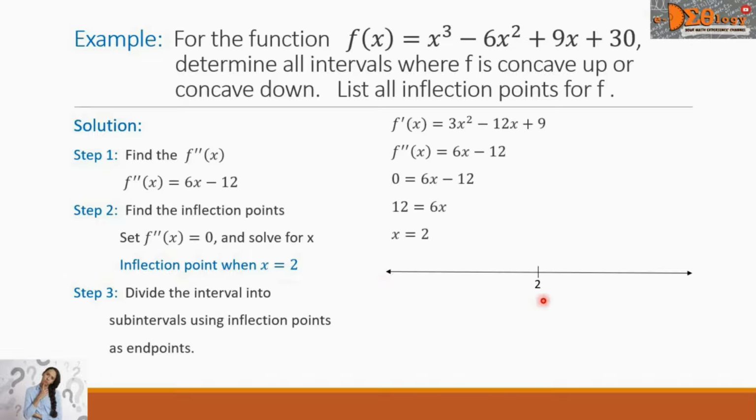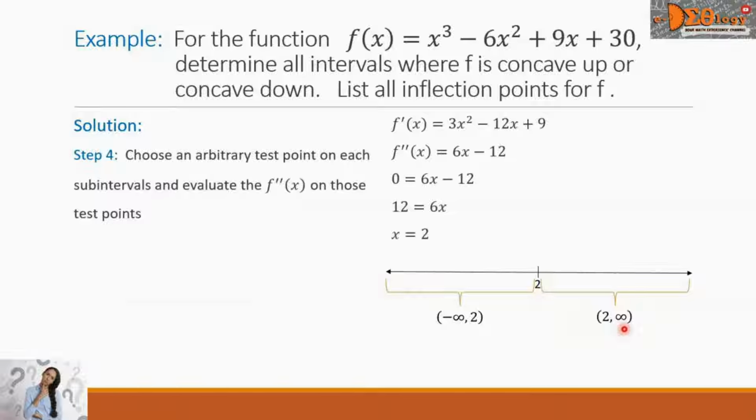In this problem, there is only one inflection point. Now, let us identify the corresponding sub-intervals. On the left side of 2, the sub-interval is from negative infinity to positive 2, while on the right side of this number 2, the subinterval is from 2 to positive infinity.